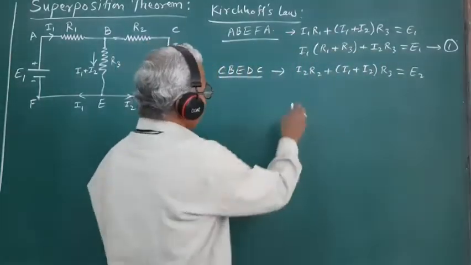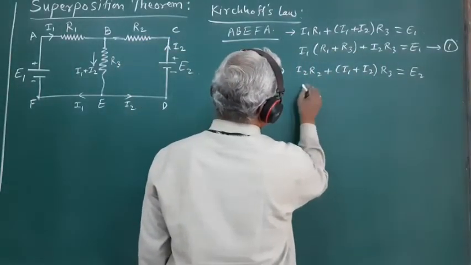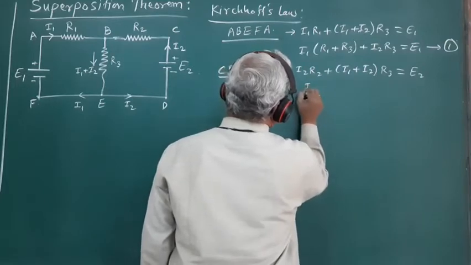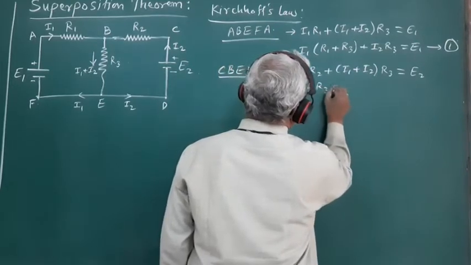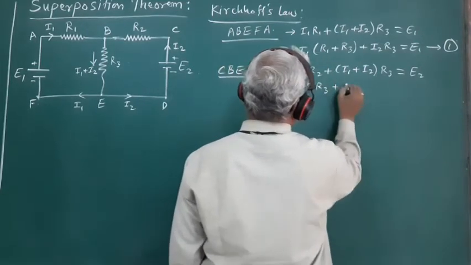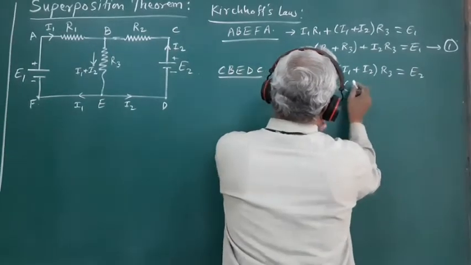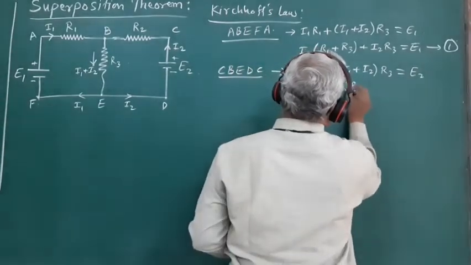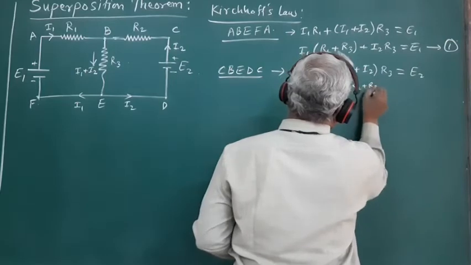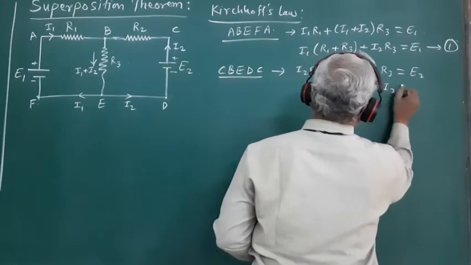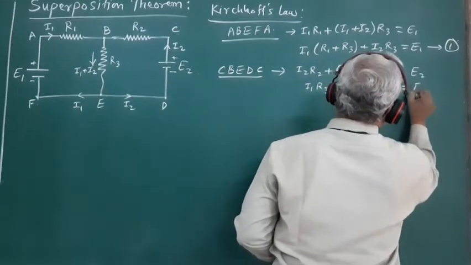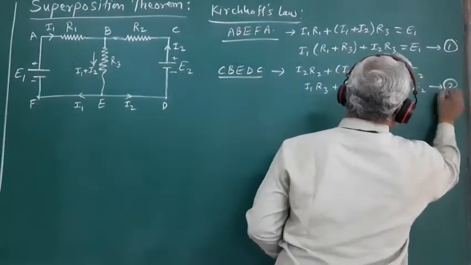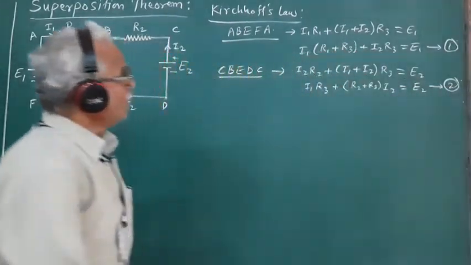Or by simplifying, we can express this relation as I1 R3 plus (R2 plus R3) into I2 is equal to E2. So this is equation 2.